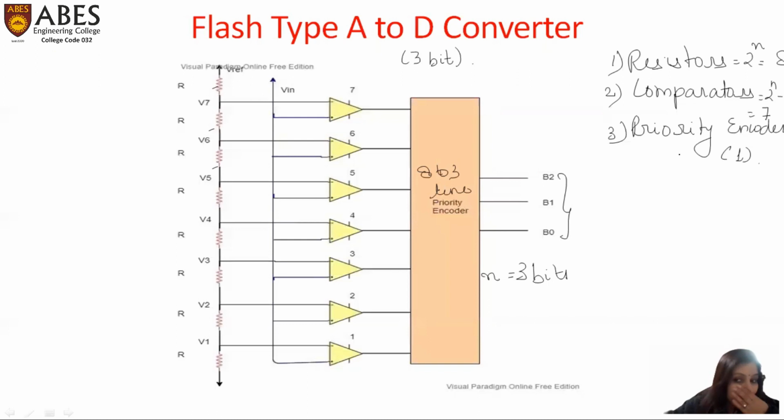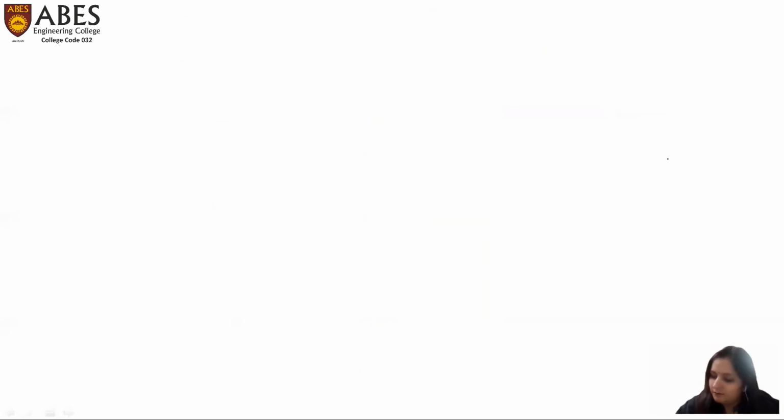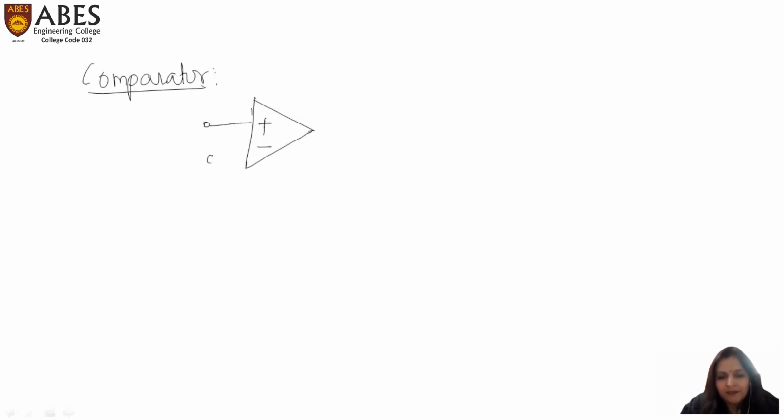Now what happens here? We'll be dealing with each and every component one by one. So here we are talking about comparators first. What is the task of a comparator? A comparator is an op-amp that is having two terminals, positive and negative. We'll be applying two values at these terminals and then we receive one output.